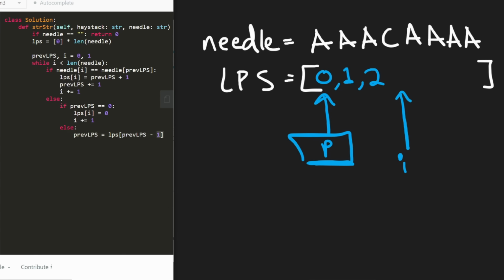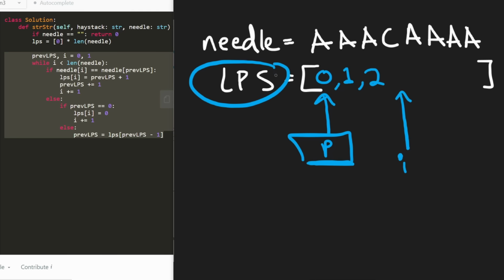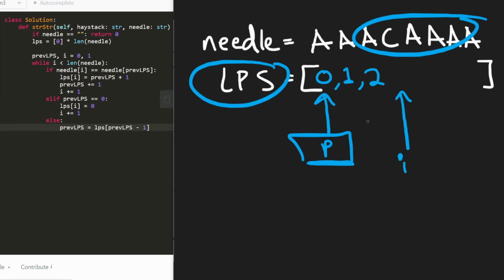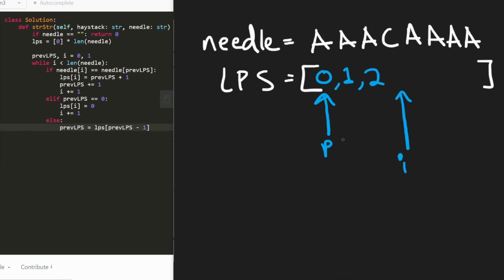And if it makes you feel any better, this is actually the entire code to set up this LPS array, even though it's quite complicated. Let's run through the rest of this example. Since we have an else if here, we can condense this to be an else if and this being an else. Okay, so now let's run through the rest of this drawing. Now our P pointer is here.